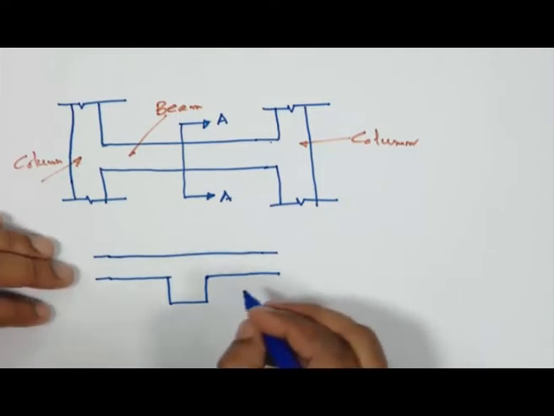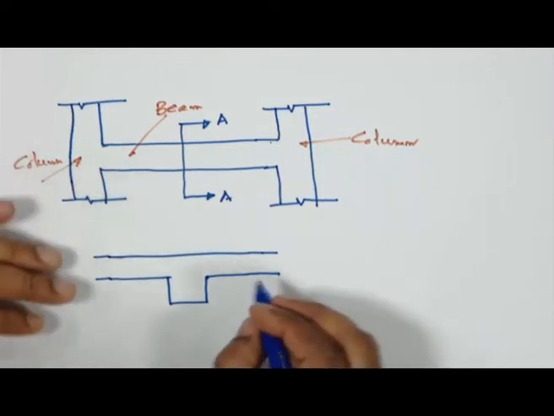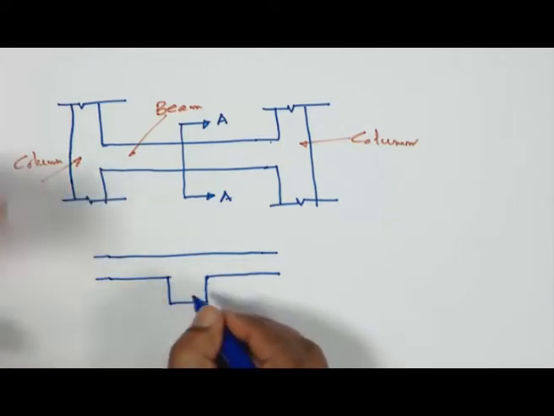If I know the section, you can say what the moment is for a certain force, and then I can also calculate the area of steel I have to provide.